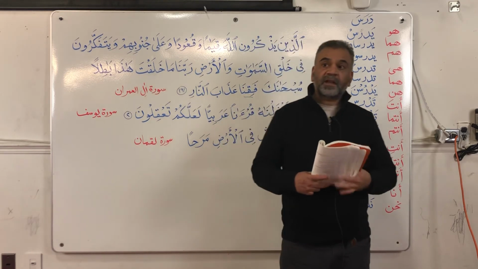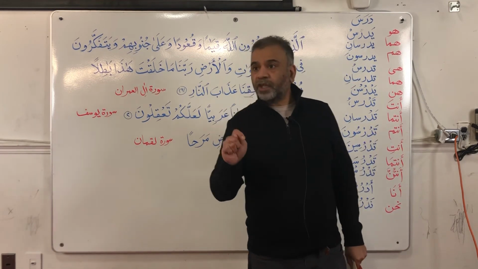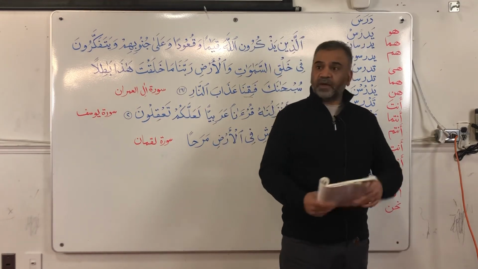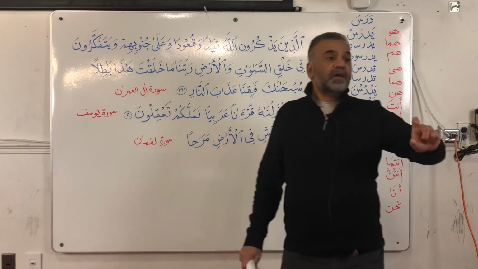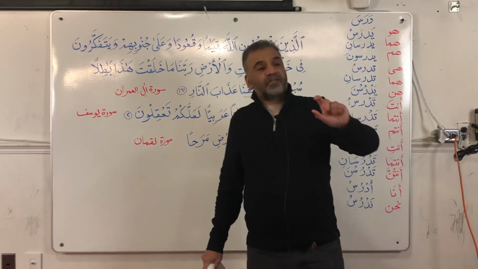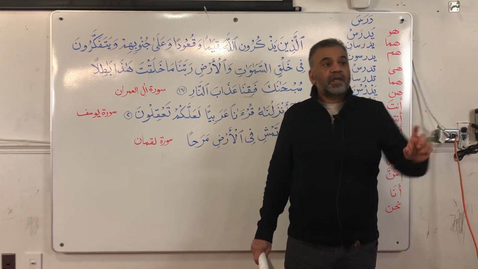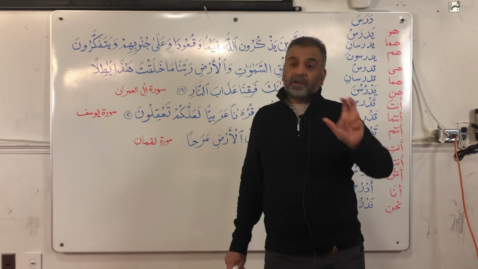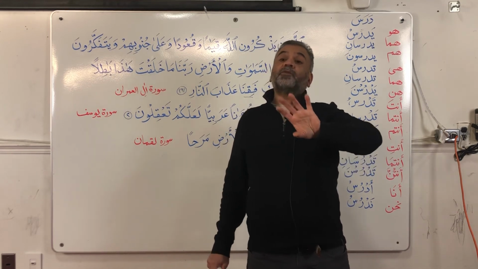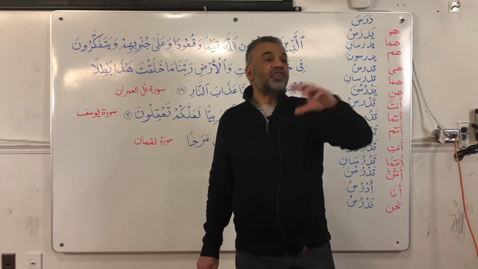And then one of the rules that we will learn in book 3: if in a jumla ismiya, a nominal sentence, the khabar is coming, and that khabar usually is either harf jar ism majroor or zarf mudaf alayh, then the mubtada will be delayed. We call it mubtada muakhar, the subject is delayed.